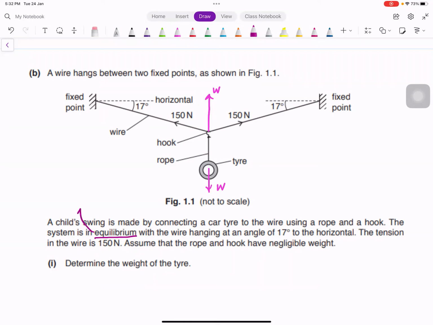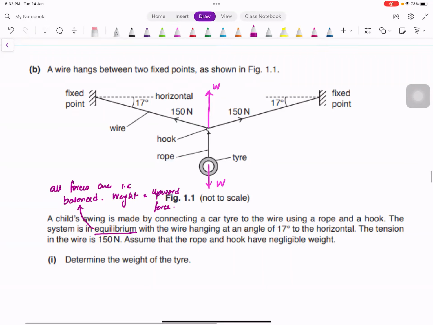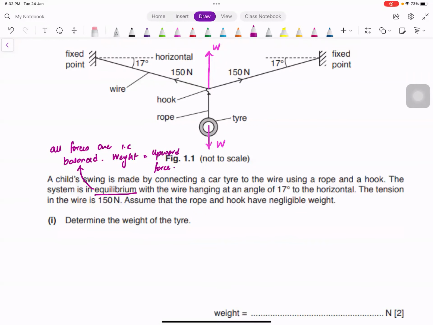If this comes, you should remember that all forces are balanced. And when it is balanced, it means that in this case, weight will be equal to the upward force. Whatever we want to call it, I will just call it up because it's the same.